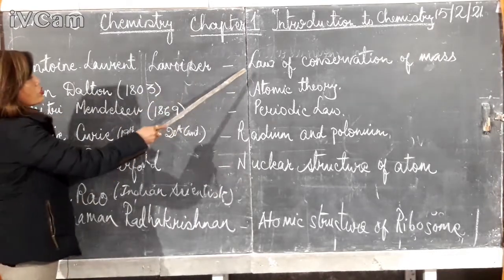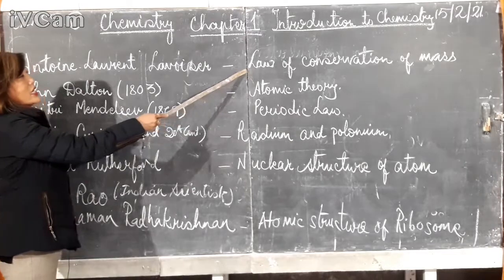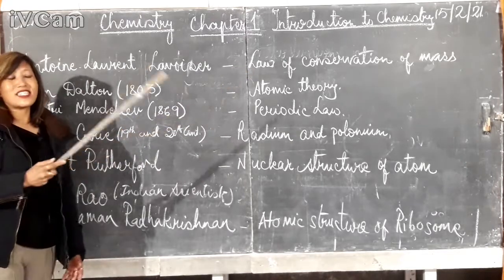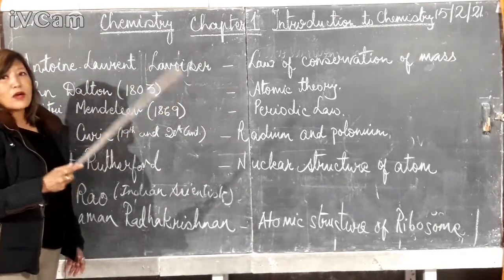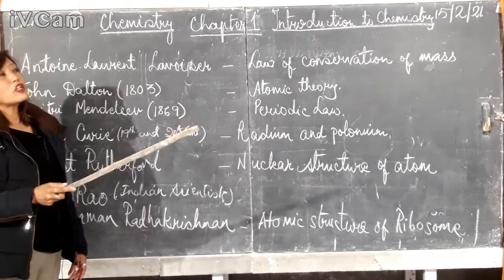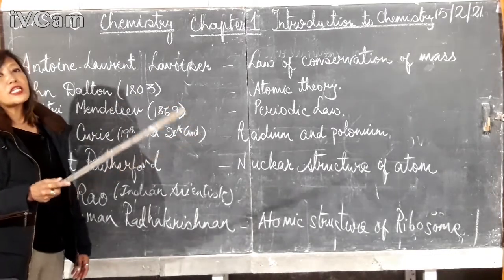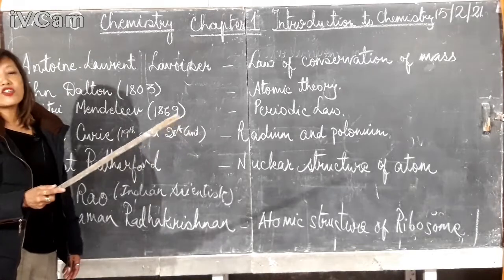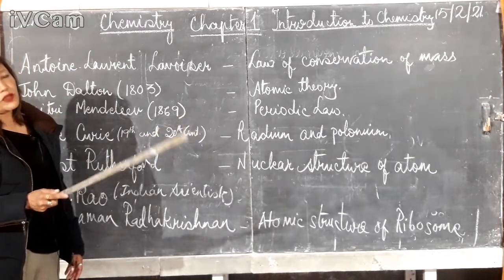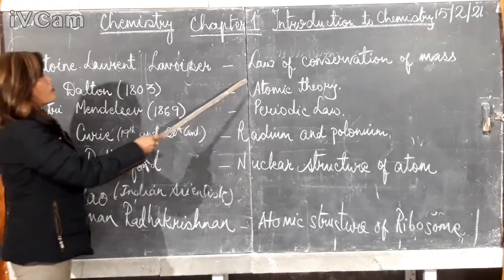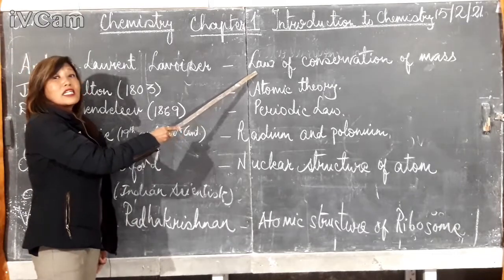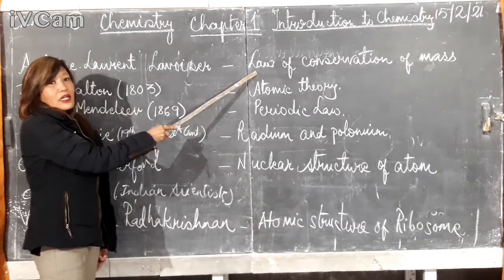According to this law, the mass of matter cannot be created or destroyed, but it can be transformed to other substances. This law of conservation of mass you will be learning in detail in higher classes.